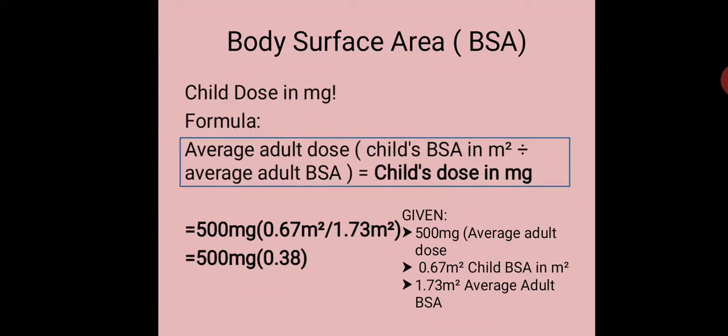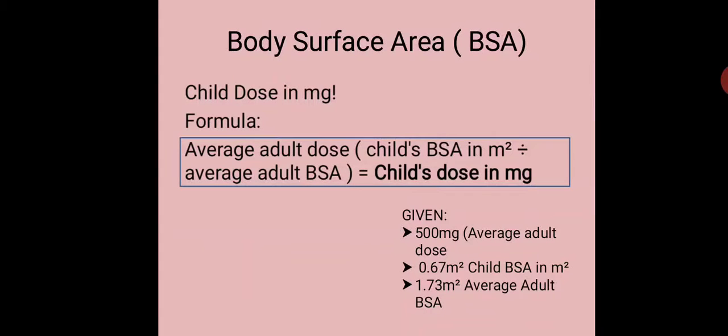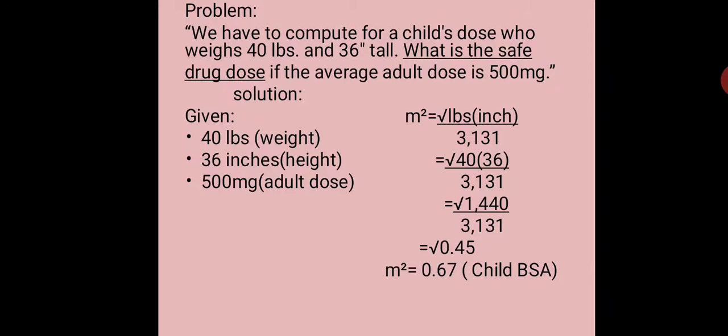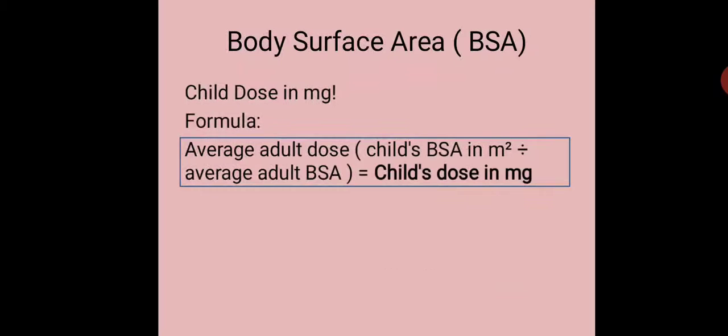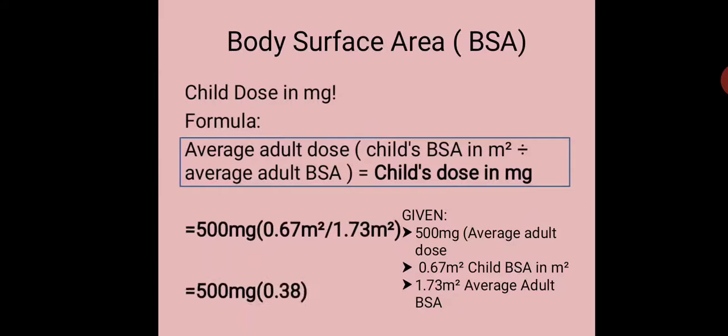From that, we multiply 500 by 0.38, and we came up with 190 mg. This is the child dose in milligrams. So 190 mg of medicine is what we will give to the child who weighs 40 pounds and is 36 inches tall. We just need to be familiar with the formulas and what the formula asks for.